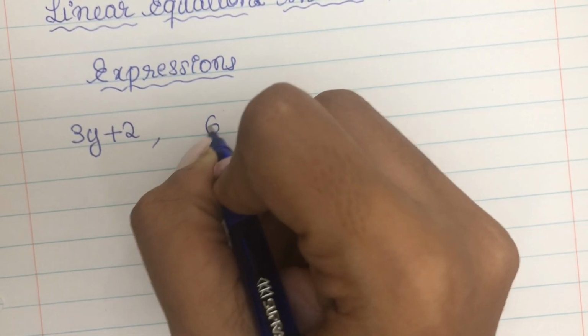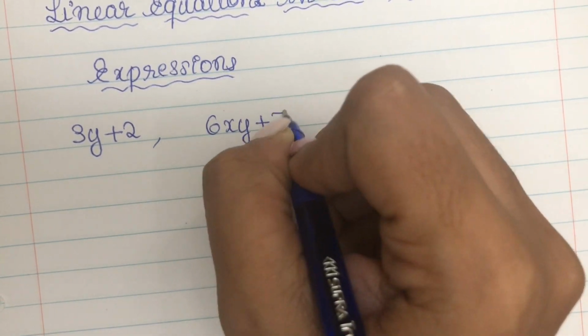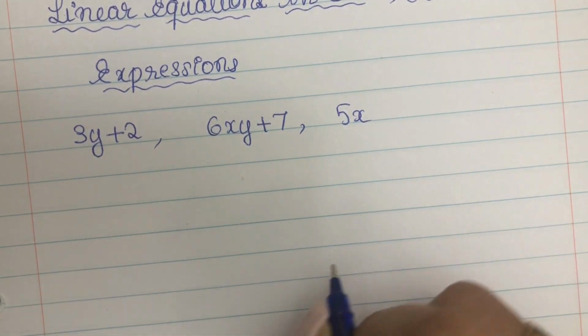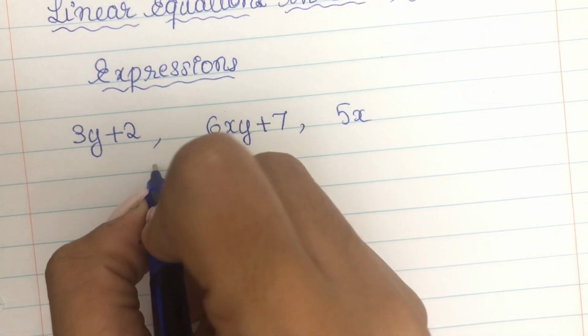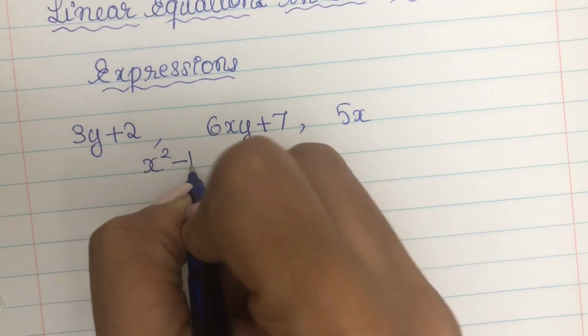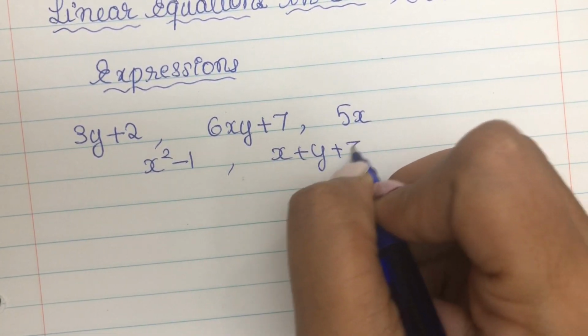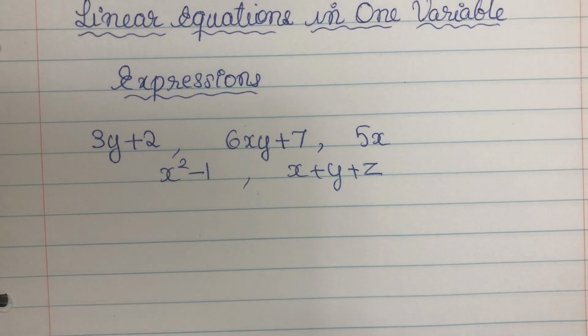You have studied, right? For example, 3y plus 2, 6xy plus 7. You all have come across these terms, right? In your previous classes, 5x, x square minus 1, x plus y plus z. So these all are known as expressions.